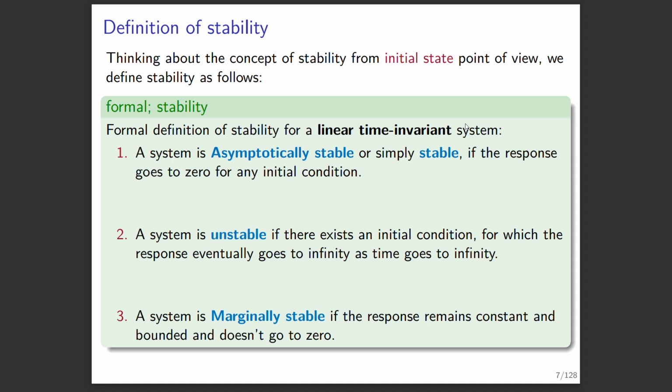If you poke that ball, it's not going to go back to where it started, but it's also not going to go to infinity. That is a marginally stable system. So from initial state point of view, we divided systems into three possibilities: asymptotically stable or stable, unstable, and marginally stable.